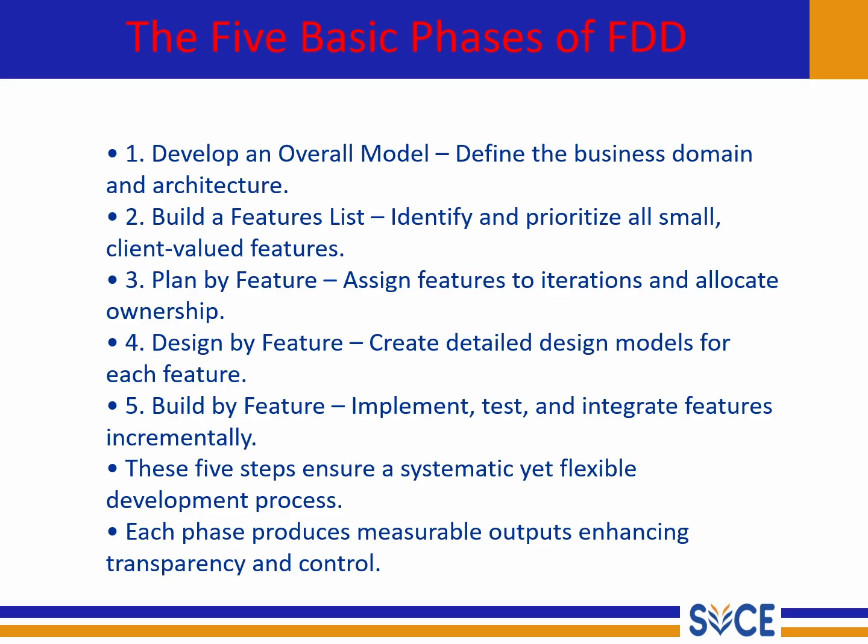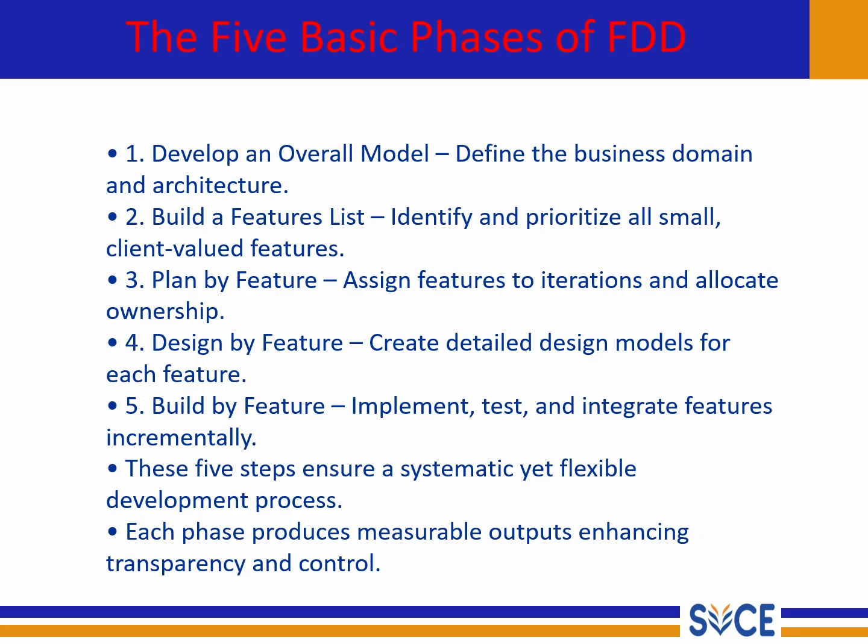Finally, the fifth phase is build by feature. This is where developers actually implement, test and integrate each feature. It happens incrementally, meaning after every small build, the system grows stronger and more functional. So together these five steps form a systematic yet flexible development process.